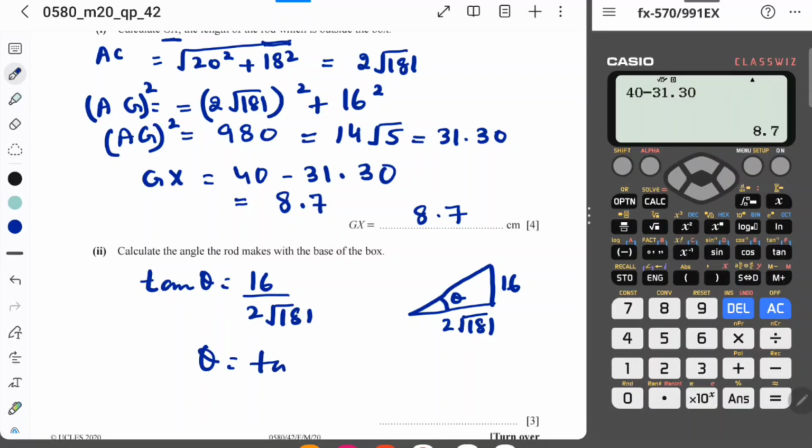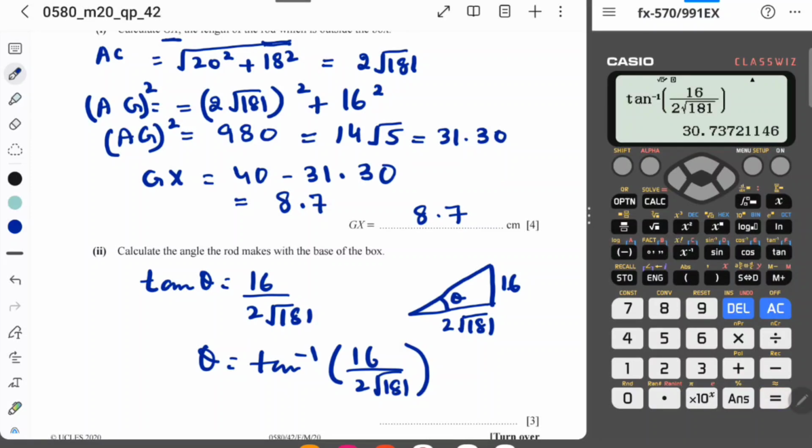Theta is equal to tan inverse of 16 upon 2 square root 181. So shift tan inverse, then take 16 upon 2 square root 181 in brackets, close the bracket.